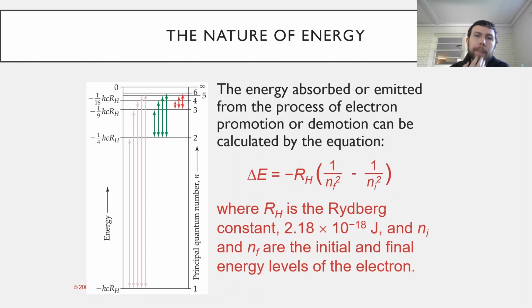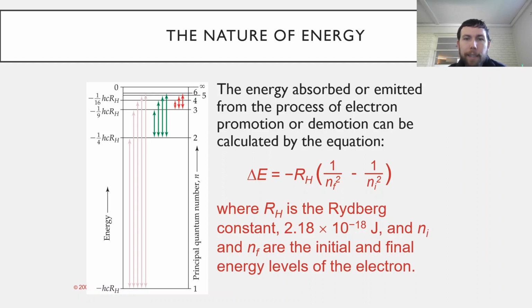Okay, now it gets a little bit more complicated than that. The energy absorbed or emitted from the process of electron promotion or demotion can be calculated by the following equation. Now remember, this equation, the Rydberg equation, is not on your reference sheet for the AP exam. So you either need to commit it to memory, or just get comfortable with it and know the values of things and how to use it.